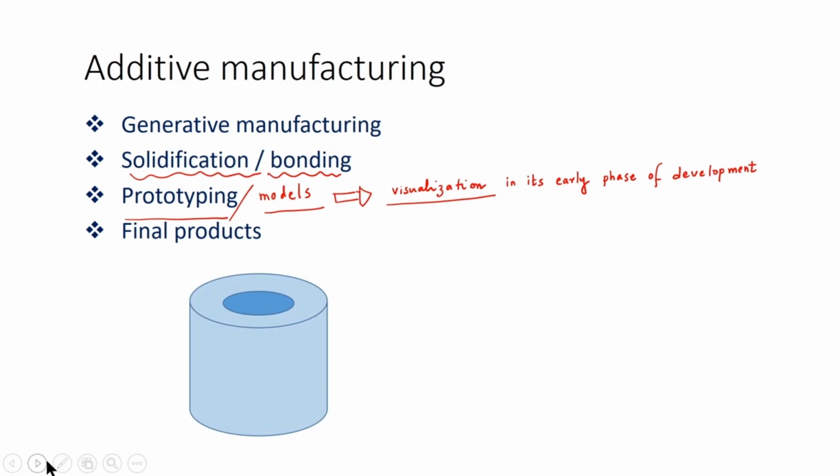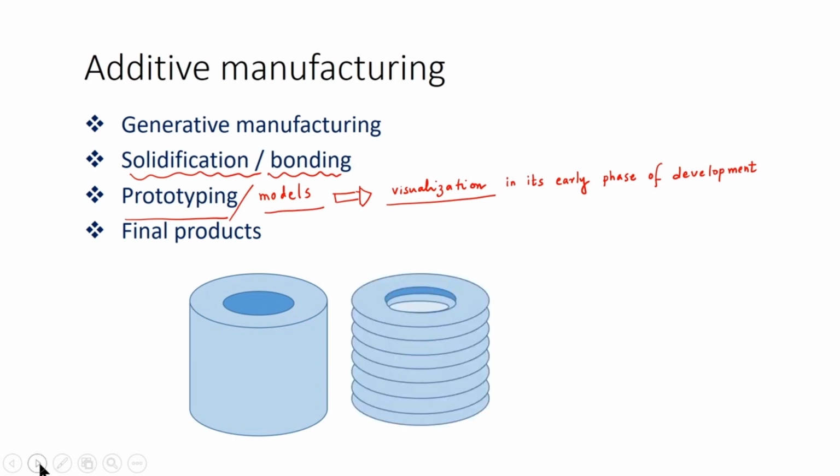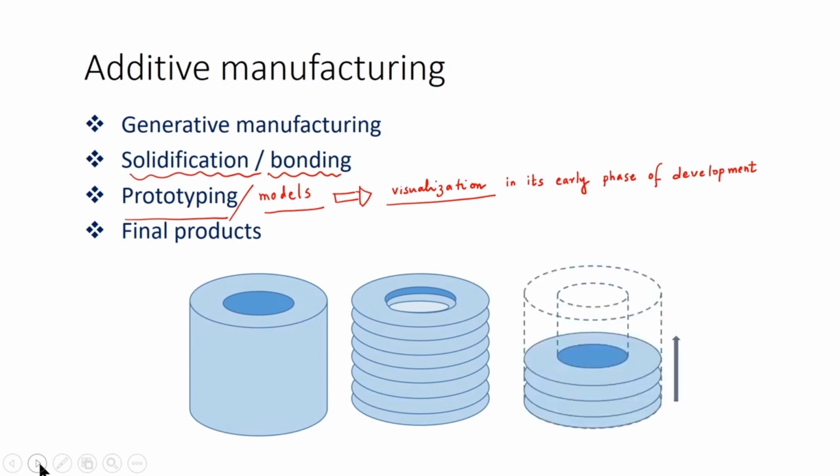In the generative manufacturing process, the required geometry is converted into layers, and we develop the final work part by joining these layers, by adding the layers one above the other. So, in this process we are generating a 3D model or geometry by adding 2D planes or 2D work parts.